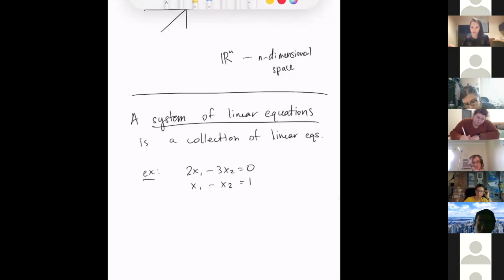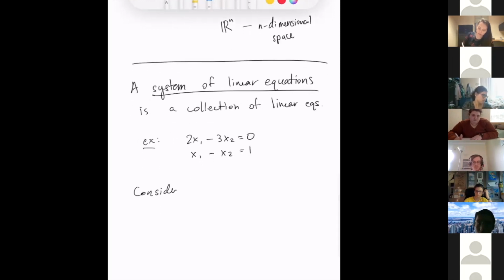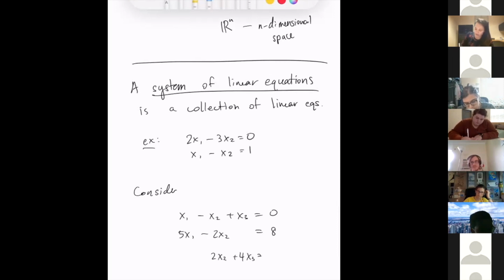You probably have plenty of practice doing this. But if you're given something a little more complicated, consider another system of equations, say like this, 5x1 minus 2x2 equals 8. I'm stacking these so that the variables line up.